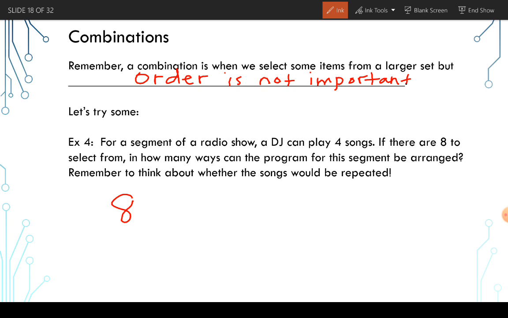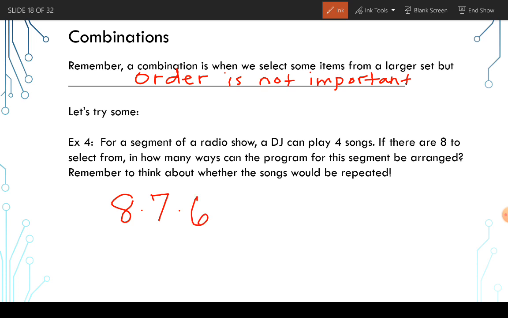So if a DJ is playing a song and there's 8 songs, once that song is played, we throw it out of the mix, okay? So how many songs will we have left? We have 7 songs left to choose from, okay? Well, once that song is played, we throw it out. So we no longer have 8 songs because 2 have been played.